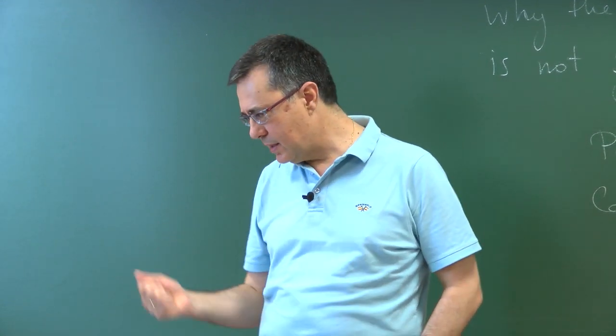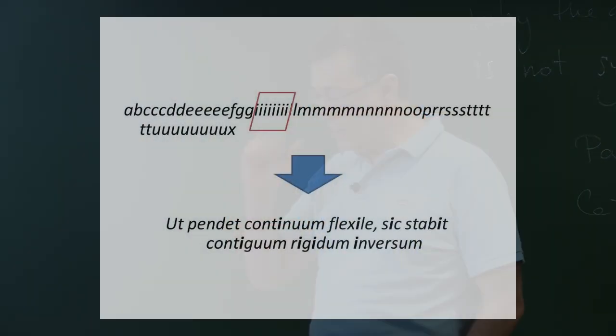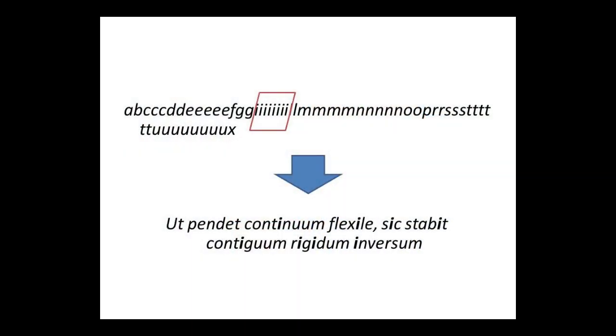After his death, his executor revealed the content of that, and the content is this. The meaning of all this bunch of letters is: ut pendet continuum flexile sit extabit contigium rigidum inversum.